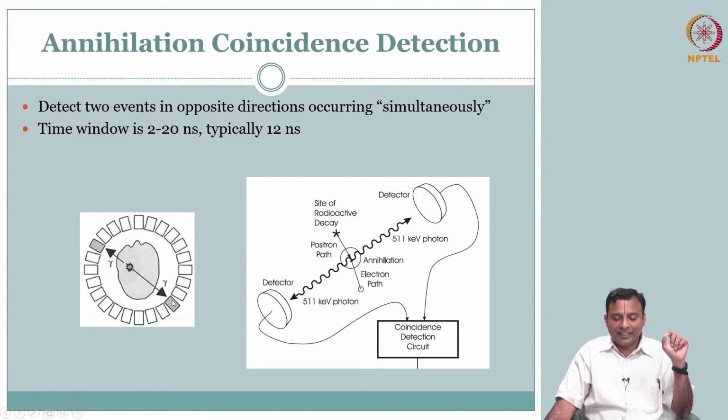If you detect an event in this detector and you also detect an event in this detector, and they are within the small time window, then I will say probably the activity happened along the line connecting these two.